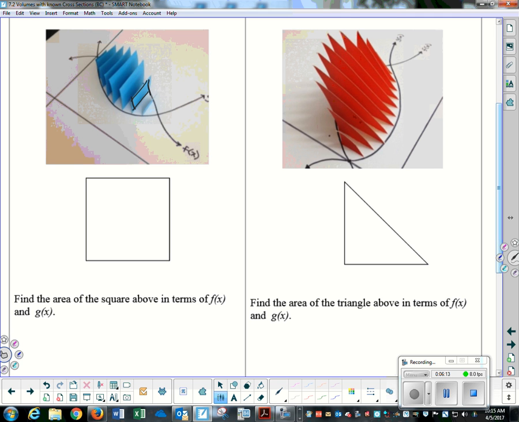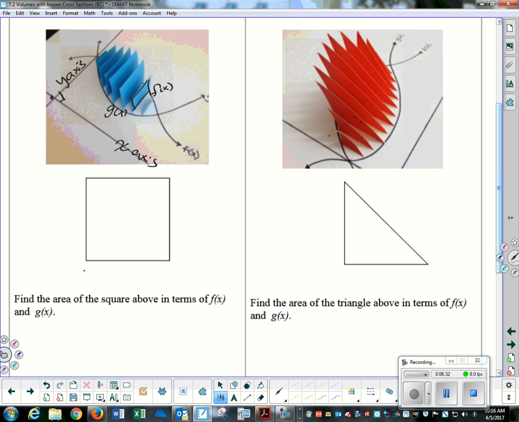You can see that this is f of x, because it's my above function. G of x follows and becomes the lower function. This is the x-axis, we have the y-axis, and of course this would be the origin where the two axes intersect.